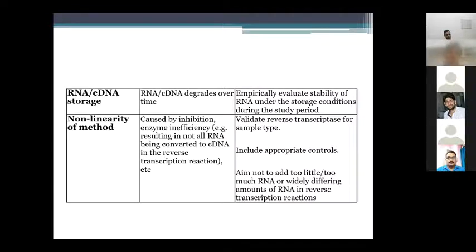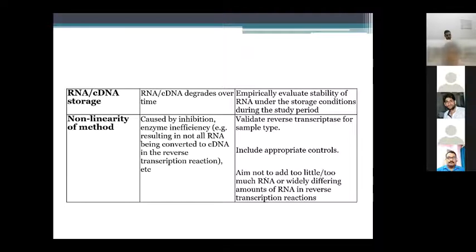Non-linearity of the method causes inhibition of the enzyme and inefficiency, resulting in not all the RNA being converted into cDNA. So it depends on the validation of the reverse transcription for the sample type, including appropriate controls, and not adding too little or too much RNA. Aim not to add too little RNA, too much RNA, or widely different amounts of RNA in the reverse transcription reaction.